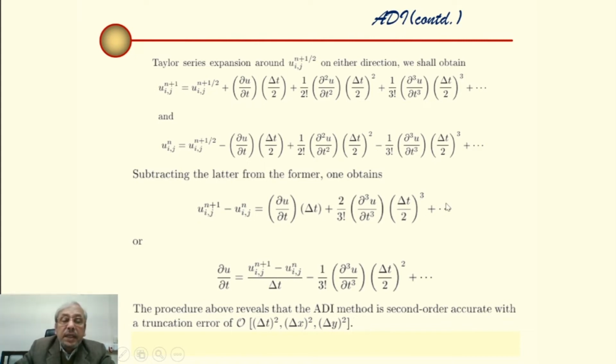So we can see from here, if we express del u del t, this is inherently dropping the first order term in the truncated series. So this is second order accurate in time. That is why we are saying that ADI scheme is not only second order accurate in space, this is also second order accurate in time.